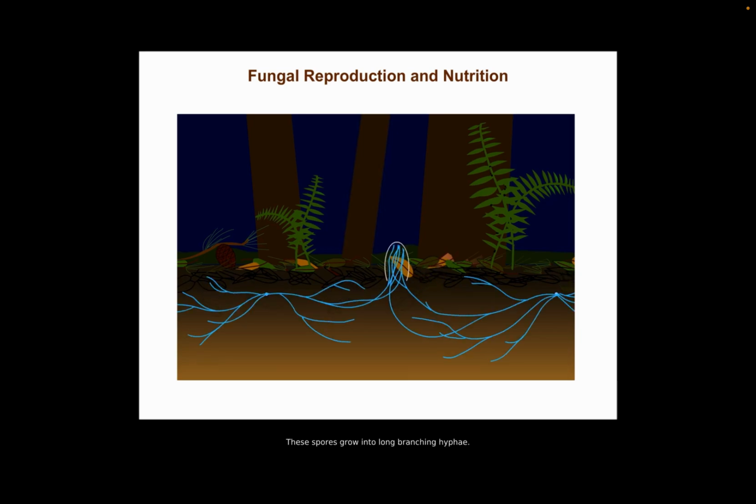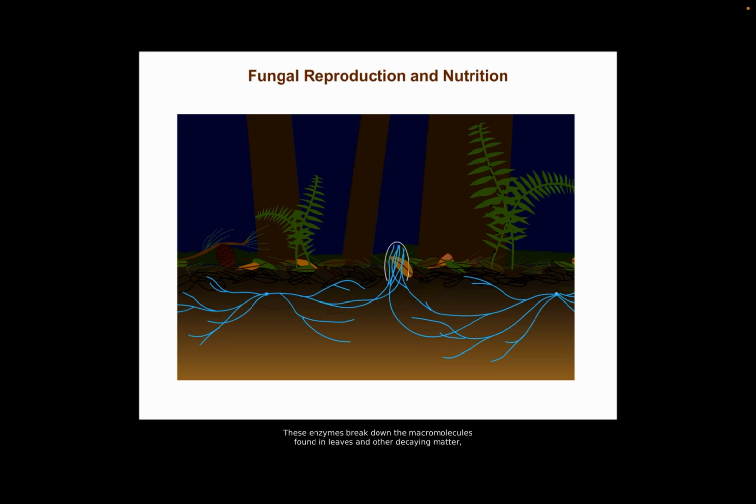These spores grow into long branching hyphae. A tangled network of hyphae is called a mycelium. Mycelia can be huge. There are reports that the species Armillaria bulbosa have spreading mycelia that can cover hundreds of acres. As a group, fungi are decomposers and play a key role in the food web. As mycelia grow, they release digestive enzymes into their surroundings.